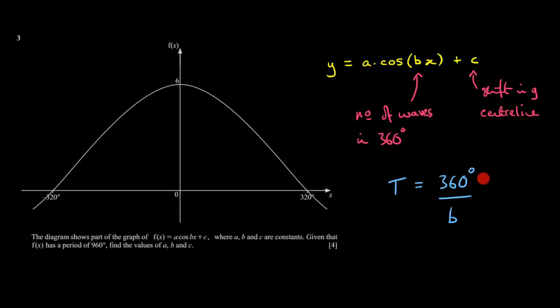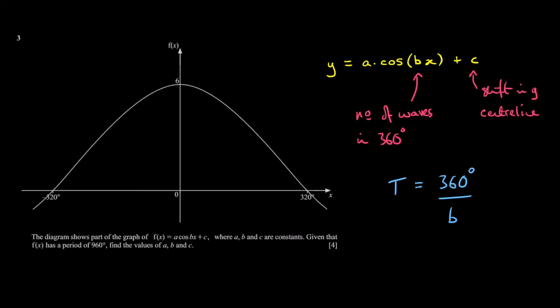It's going to be 360 divided by 2, which is 180, because if there are 2 of them in 360, one of them has got to be half that. If B is 3, there are 3 waves in 360, so one wave is going to be 360 divided by 3, which is 120.